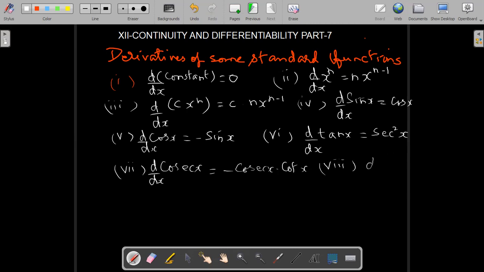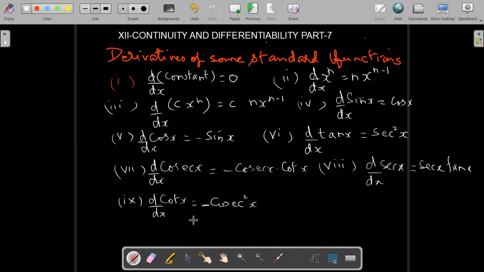Similarly, d by dx of sec x is equal to sec x tan x, and d by dx of cot x is minus cosec square x.